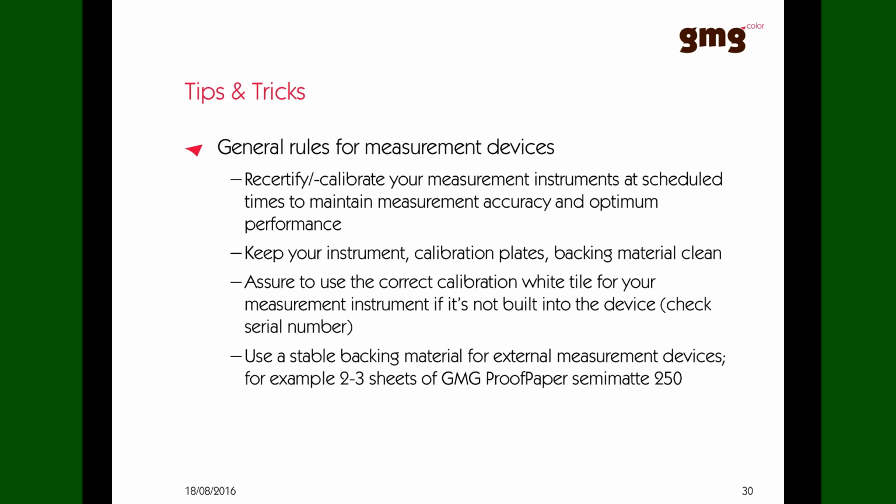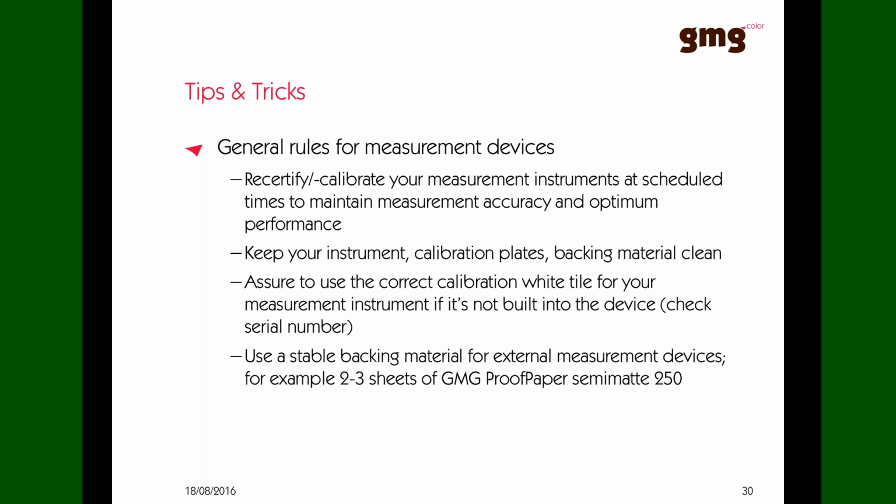Then what's very important is that measurement devices should be kept clean. That means the instrument, the calibration plate, so the white tile, for example, and also the backing material. And assure that you use the correct calibration white tile for your measurement device.